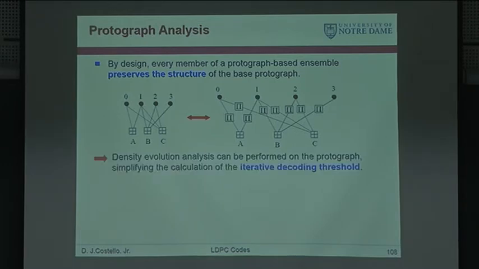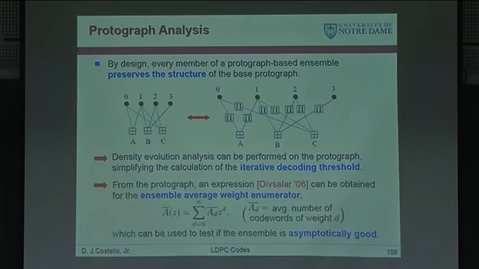Now, density evolution, I'm not going to dwell on this because it's late in the day and the details aren't so important. They can be performed on the protograph. It simplifies the calculation of the threshold because you're operating on a small graph.